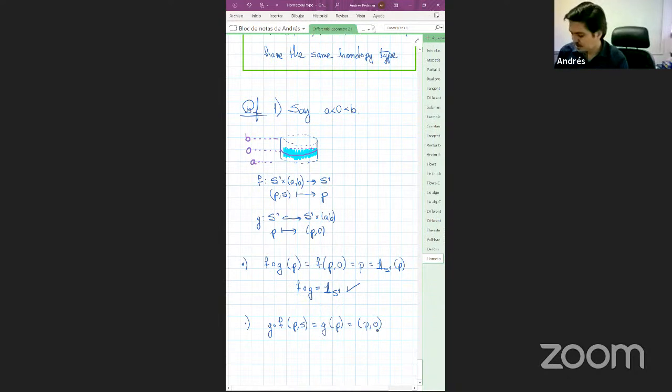Right? So what we have to show is that the identity map on the cylinder is homotopic to this map.